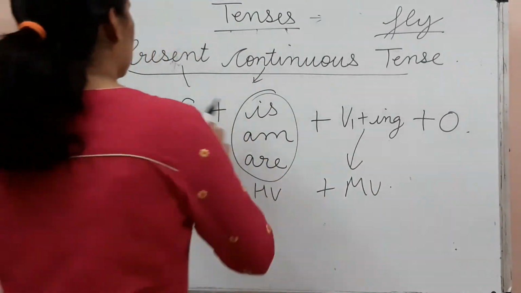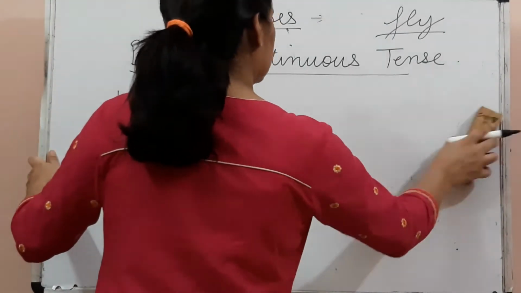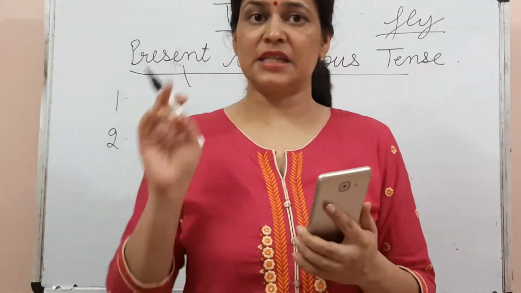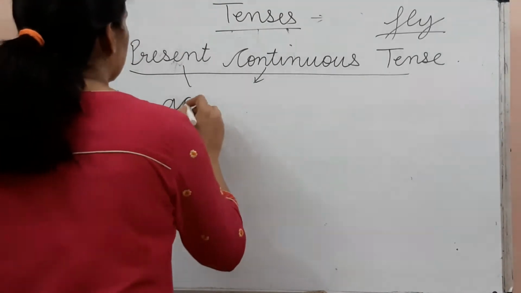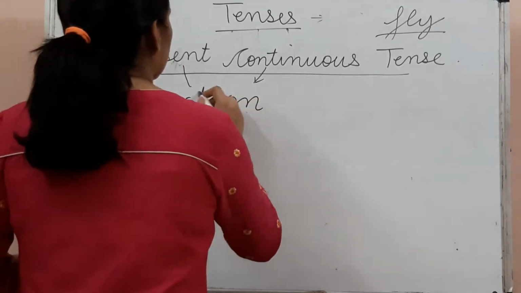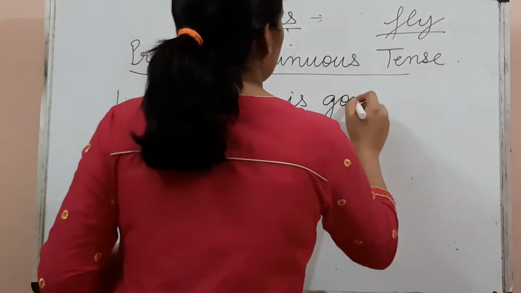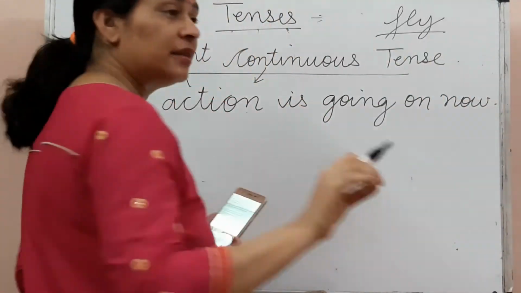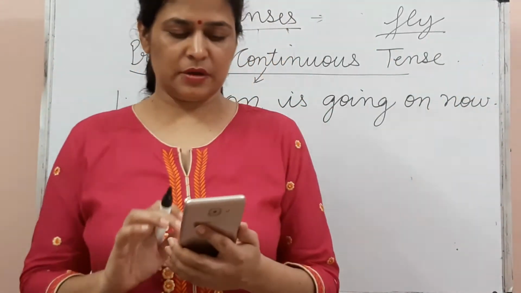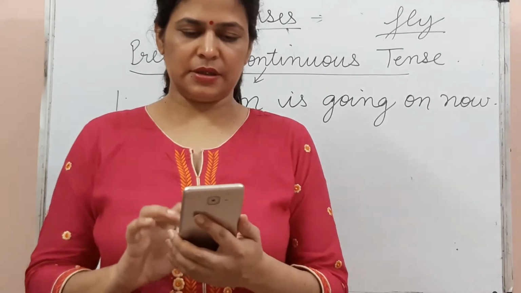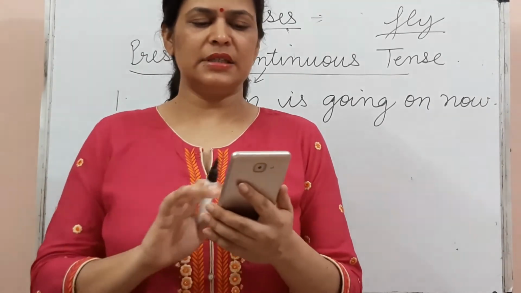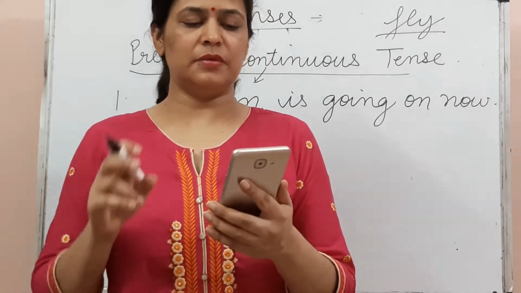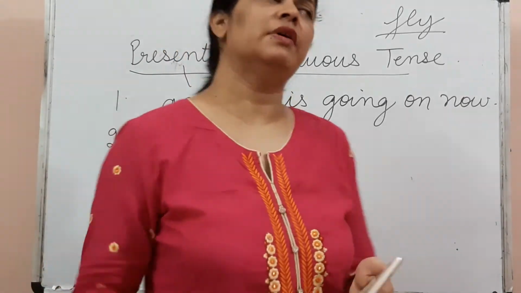Now the usage. Come to the usage. We have seen this formula and we have seen the first few sentences that have been given, where the action is going on now, at the time of speaking, that is simple present continuous tense here. Next, we also use this tense to talk about actions that are happening not now, not necessarily at the time of speaking.